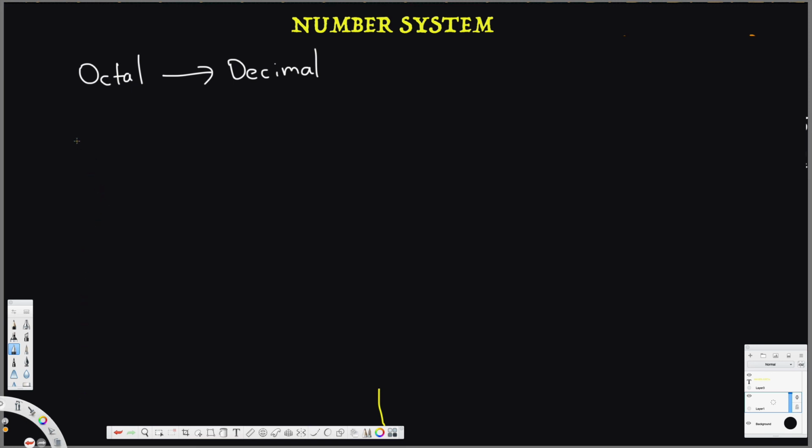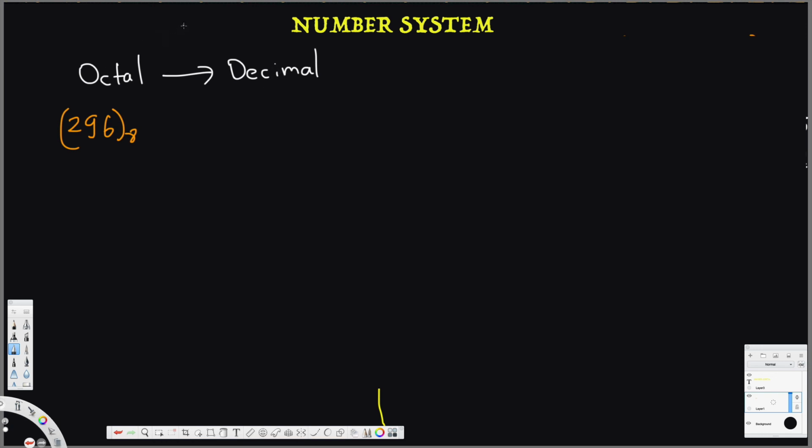Let's say, for example, if you see a number like 296, let's say 296 base 8, you have to know this one is wrong, because as I said in the beginning, whenever we have decimal, the base is 10. So the maximum number we can have is 1 less than that. Like 9 is the maximum number we can have in a decimal number.